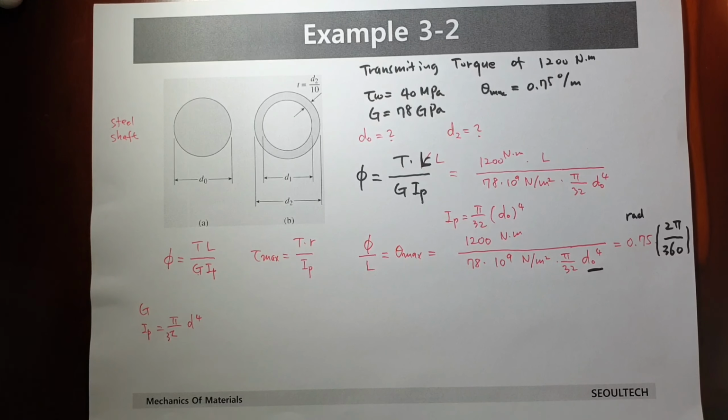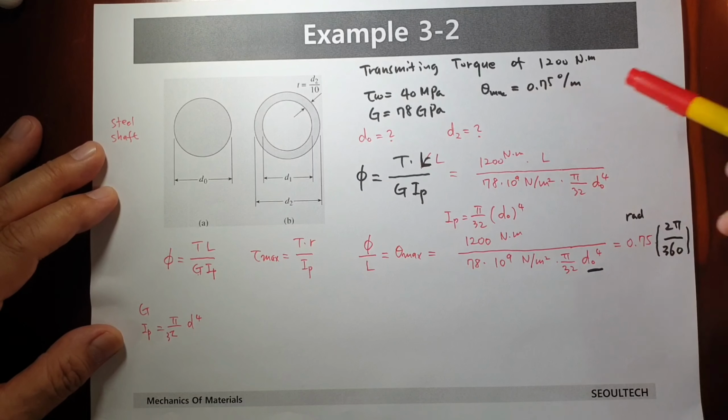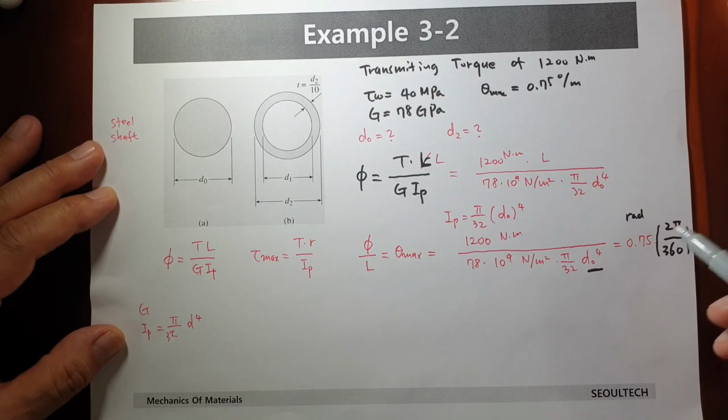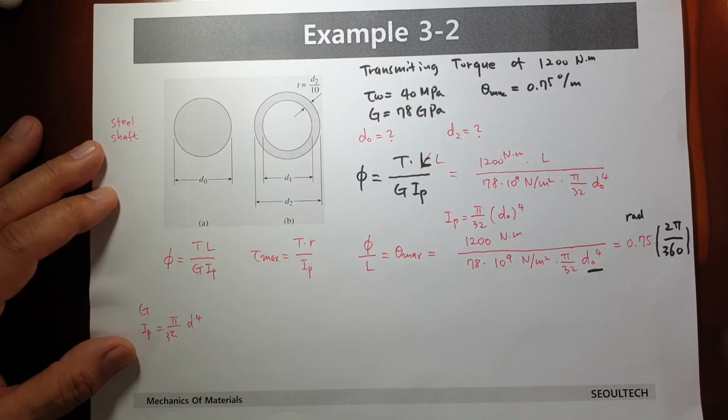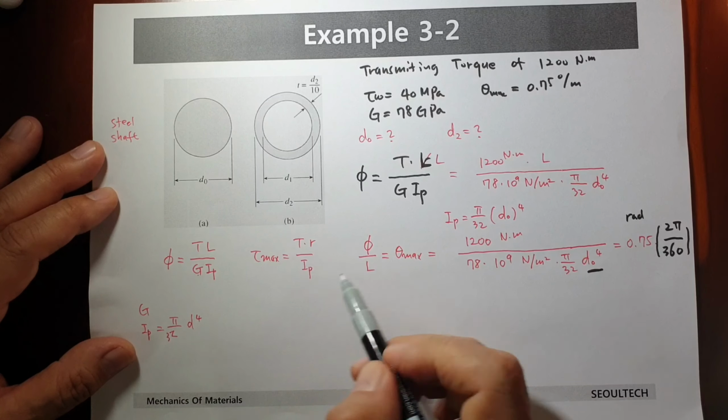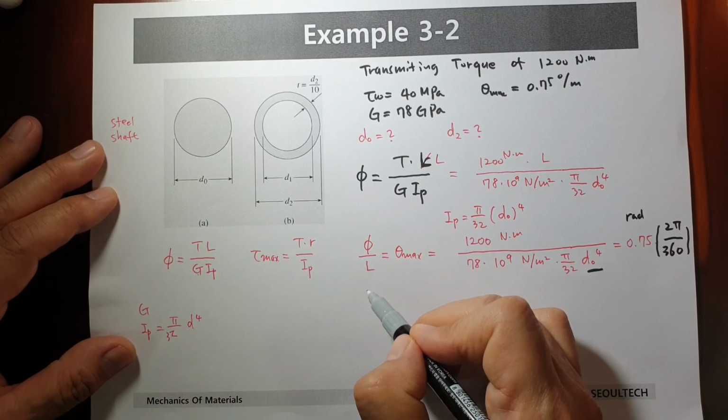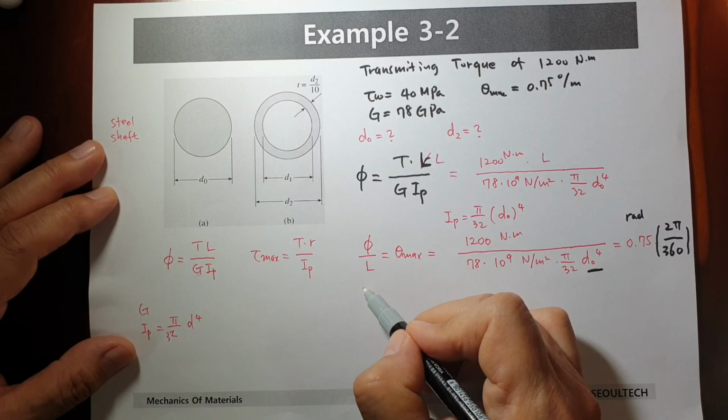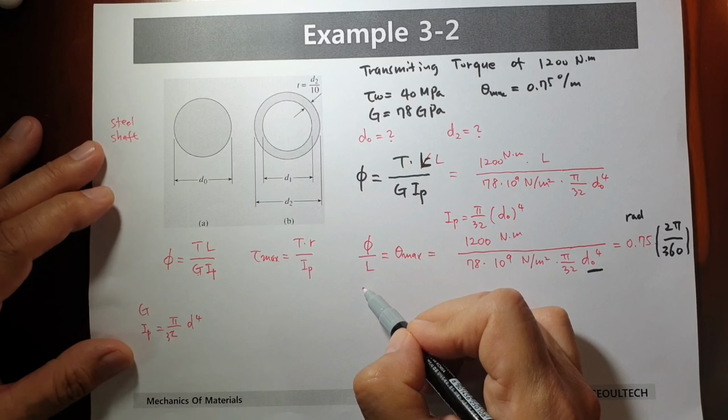Okay, that's for the case when you apply this condition, 0.75 degree per meter. And next, when you apply this formula, tau max is what?